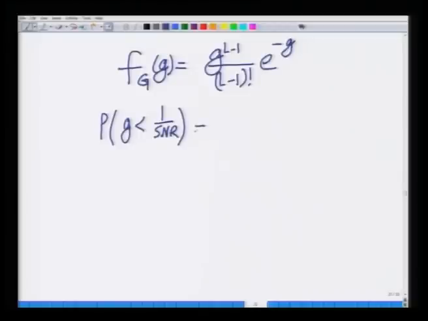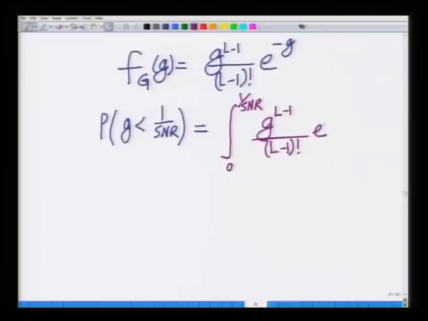Hence, that probability is given by integrating this probability density function between 0 and 1 over SNR, similar to what we did in the Rayleigh fading channel case, with the distribution G power L minus 1 divided by L minus 1 factorial e power minus G dG.